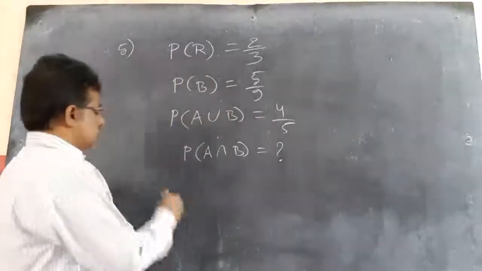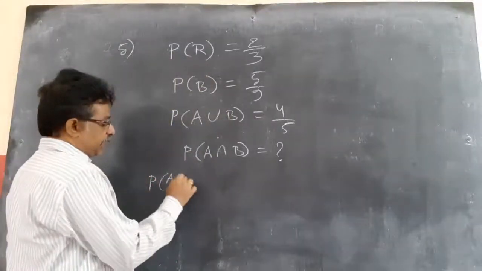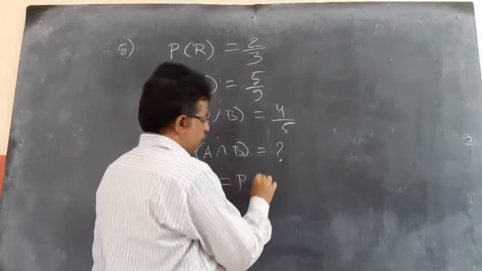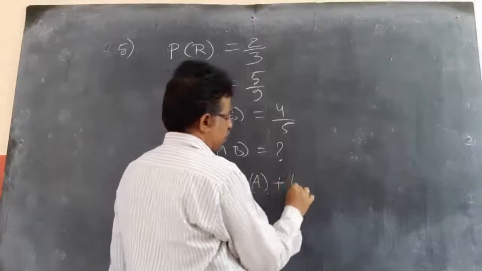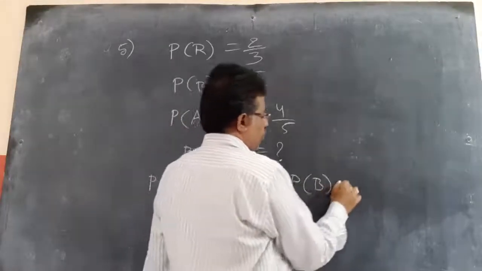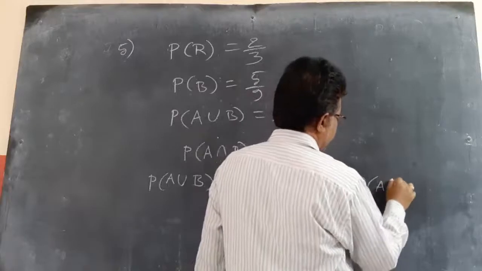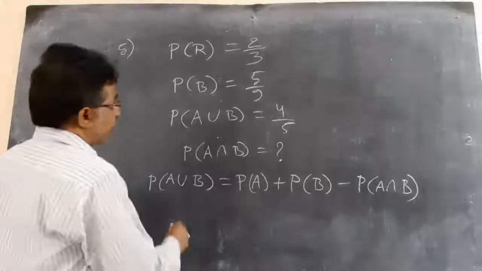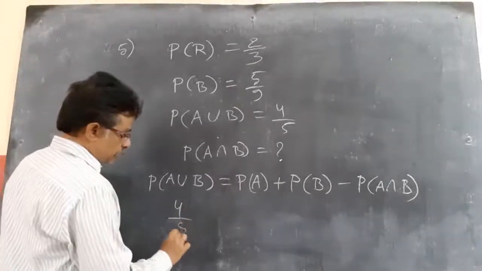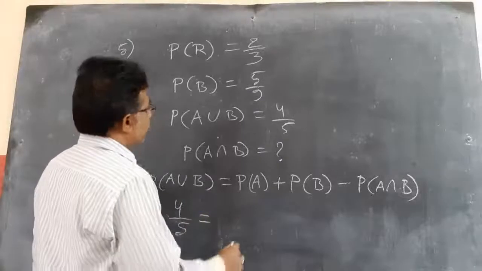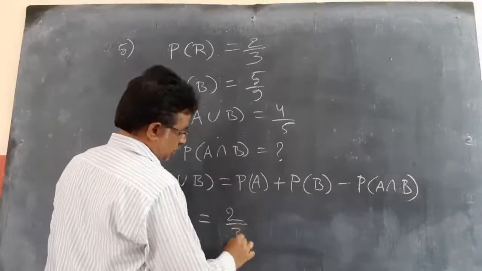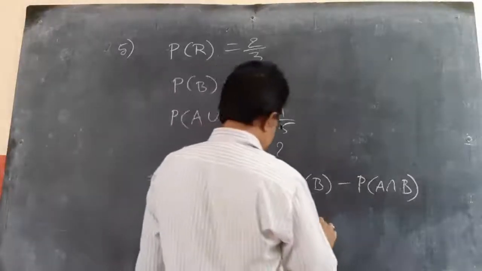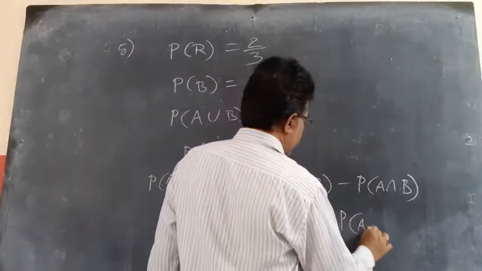So we know that P of A union B equals P of A plus P of B minus P of A intersection B. P of A union B is 4 by 5, equal to P of A, 2 by 3, plus P of B, 5 by 9, minus P of A intersection B. This is what we have to find.